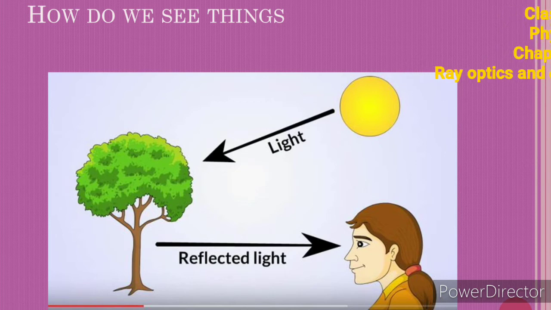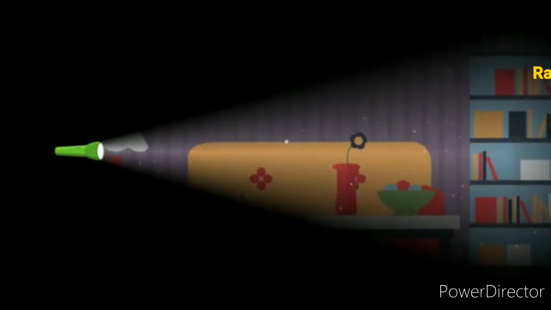Step inside a dark room, light up a torch and point it at a distant ball. Look carefully at the path of the light coming from the torch; you will see tiny dust particles in the air.